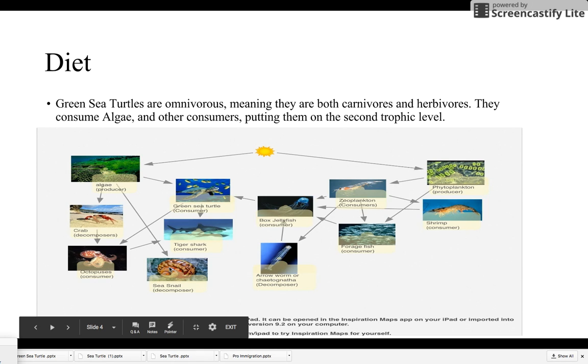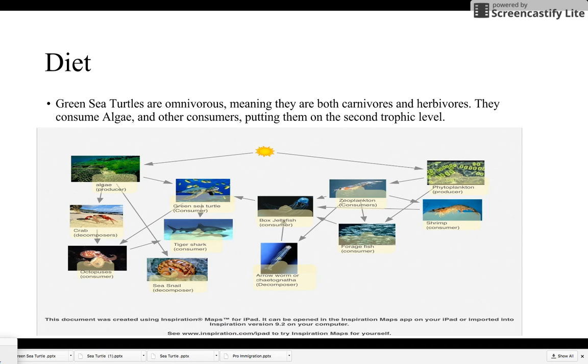Now, the diet of the green sea turtles, depending on their maturity levels, can be omnivores or herbivores. I believe that it's the younger sea turtles that typically are omnivores, eating both box jellyfish and seagrass.